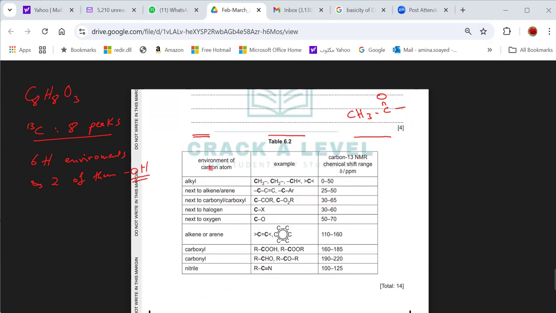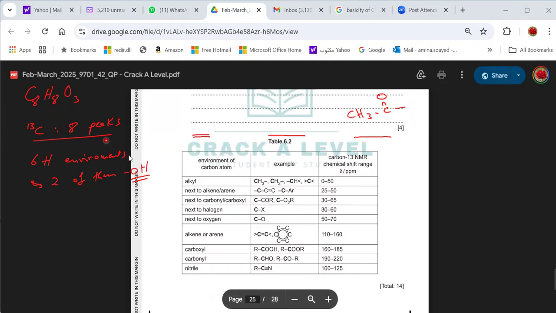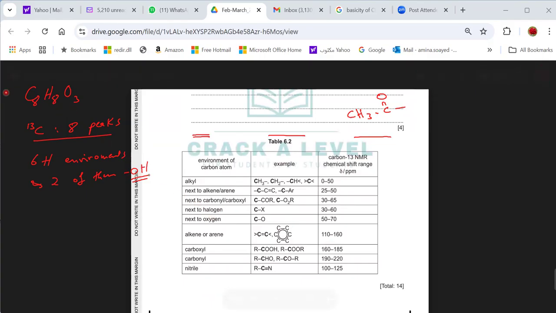Or if it is a carbon next to a halogen, we don't have a halogen here, so we are not going to consider this. So the peak at delta equal 61 parts per million is due to a carbon that is next to a carbonyl or a carboxyl, COOH.